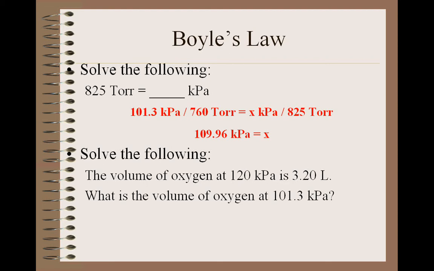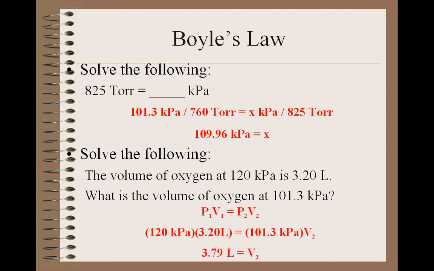Okay, let's solve the other one. The volume of oxygen at 120 kilopascals is 3.2 liters. What is the volume of oxygen at 101.3 kilopascals? So again, pressure 1 times volume 1 equals pressure 2 times volume 2. And so 120 times 3.2 is equal to 101.3 times V2.